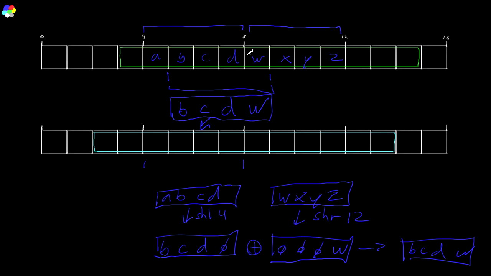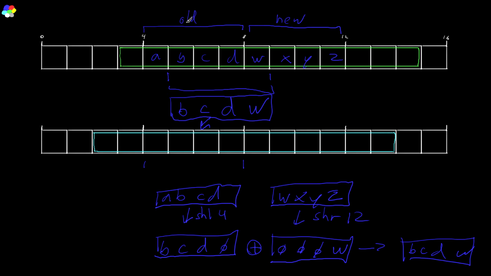And that's about it. And what you do then is you say this is your old, this is your new. So you combine old and new with some shifting and ORing, masking if you will, to get the combined result, and you store that.